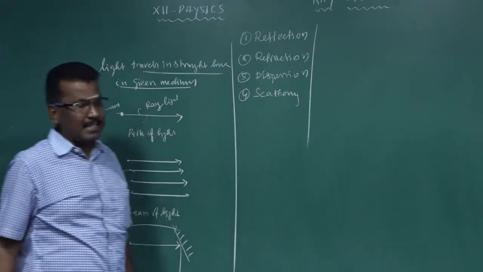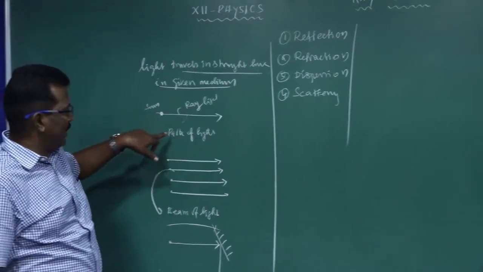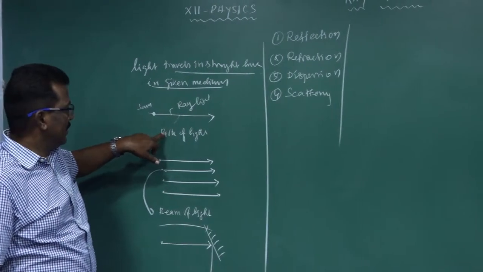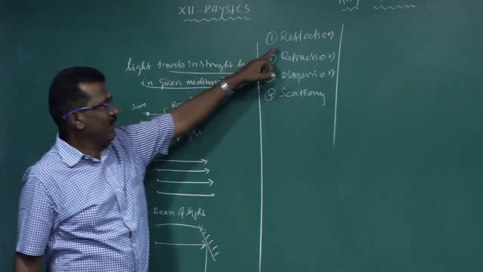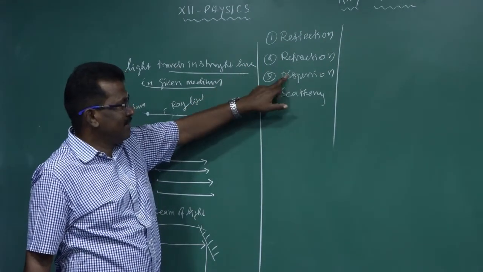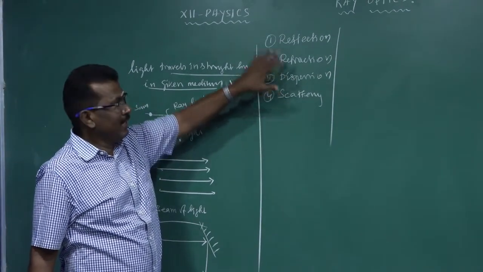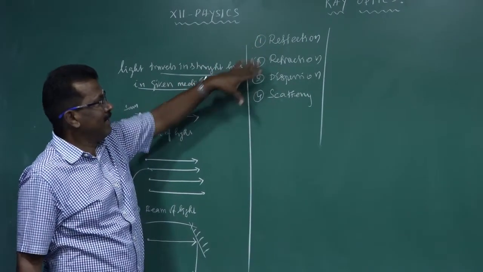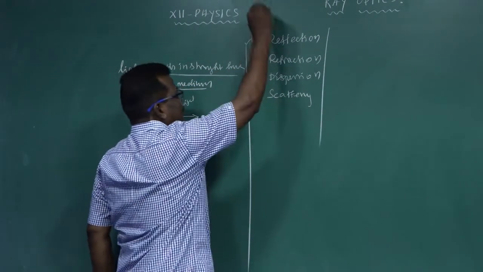Now we are going to discuss these things by using the ray of light. So the ray of light obeys reflection, refraction, dispersion, and scattering. In this class we will discuss only the part of reflection.